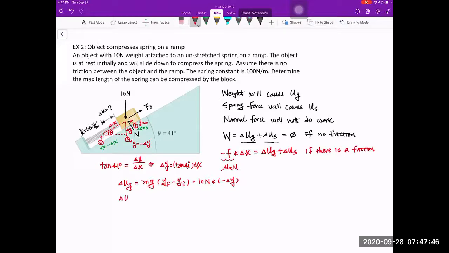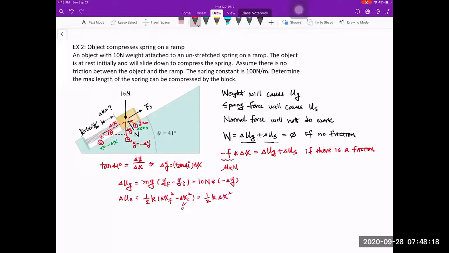What about the spring? Spring is 1/2 k, and the change of x final squared minus change of x initial squared. Change of x initial is equal to 0, so I only have 1/2 k change of x squared.